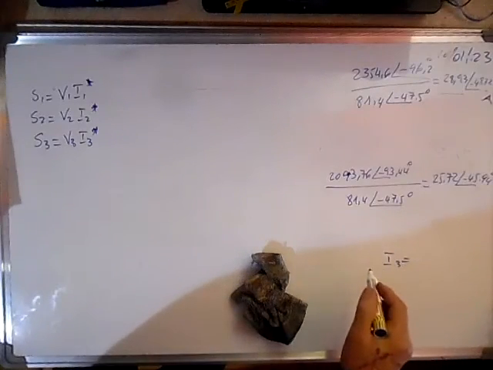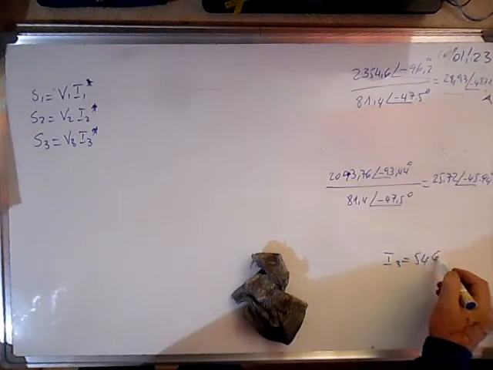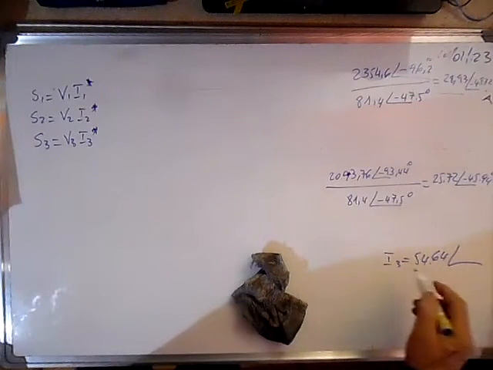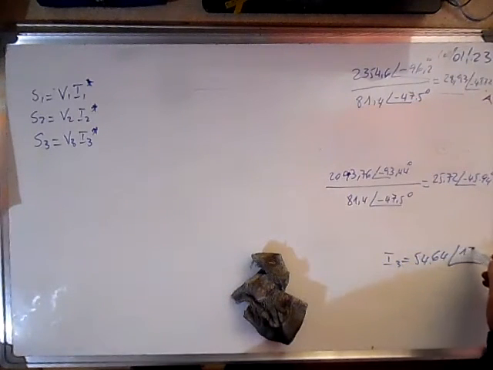I3 was calculated and it is 54.64 at 132.6 degrees, in amps.